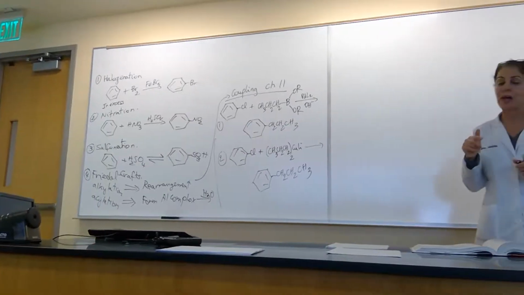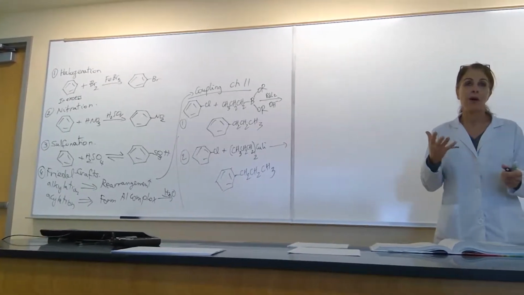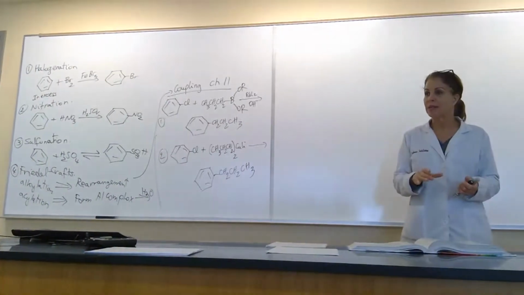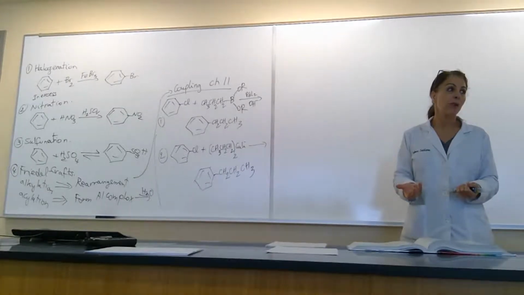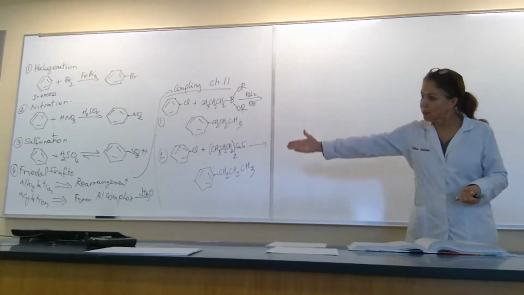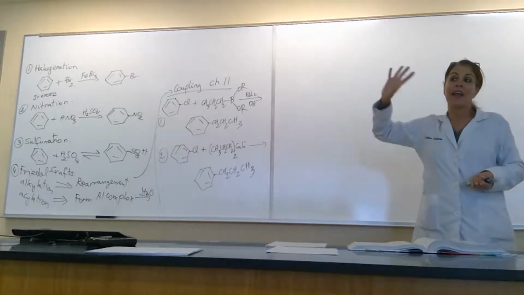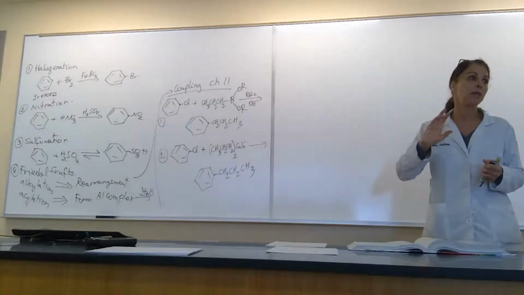But there are some other reactions on the substituent. So how do I know if I have a reaction that is happening on the benzene or on the substituent? The answer is very clear. These are the only possible ones on benzene. So if you see anything else, it means it's not on the benzene, it's going to be on the substituent.